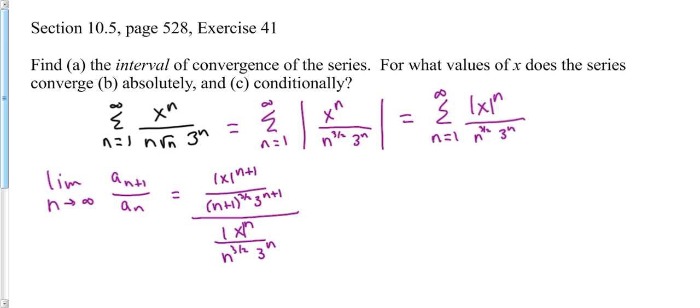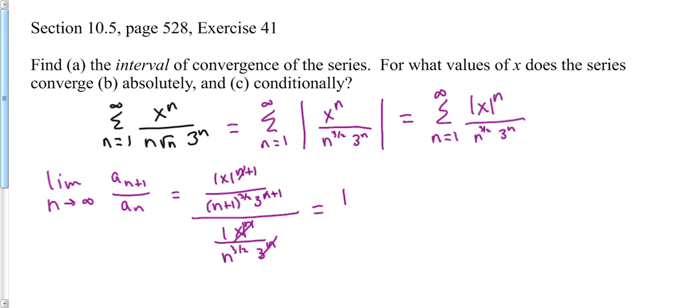Now, as is almost always the case when we deal with the ratio test, we're going to have many things that we're going to be able to cancel. We're going to be able to cancel factors of the absolute value of x to the n from here and here. And we're going to be able to cancel 3 to the n from here and here.